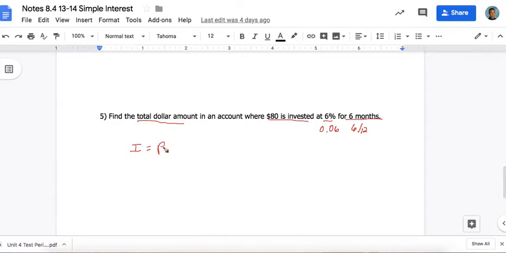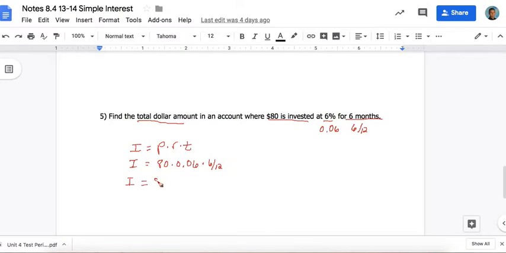So I equals principal times rate times time. The principal here is $80 times the rate as a decimal, which is 0.06, times the time, which is 6/12. Now this one, we know 6/12 is 1/2 or 0.5, so we could change that to 0.5 if we wanted to.